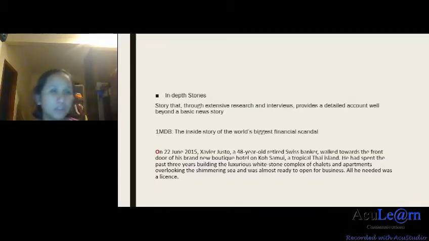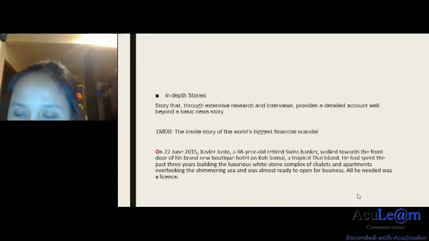It can be futuristic as well, where the writer or the journalist can include his or her opinion or give a story timeline to that particular story. Okay, so that is another one.